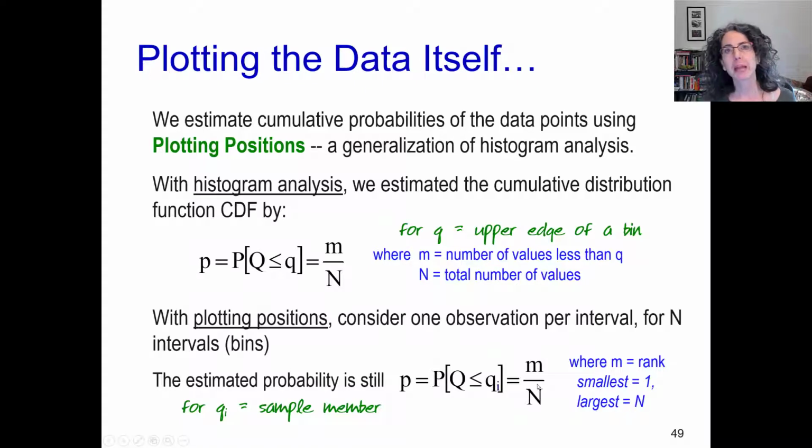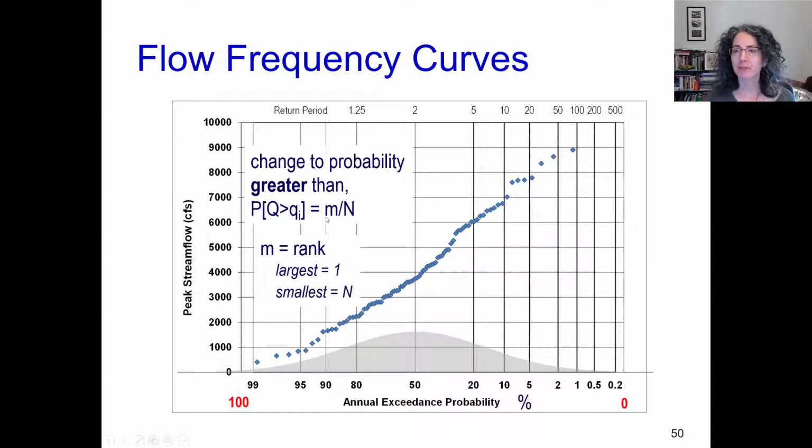So I'm going to make another change in that I am going to switch from the probability less than to the probability greater than, or the exceedance probability, which we work with more frequently. So I've changed now to the probability of q being greater than some value q. And the way I've done that is I've sorted the data in the opposite direction from largest to smallest and given a rank of 1 to the largest value.